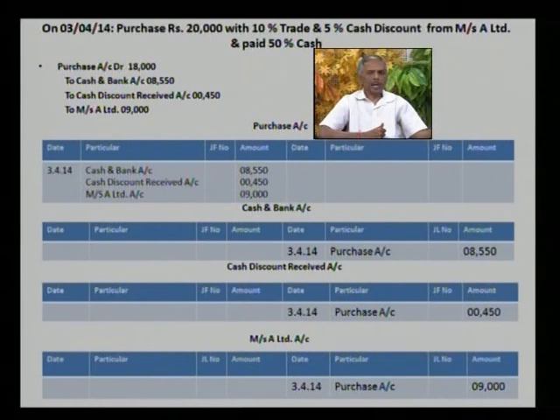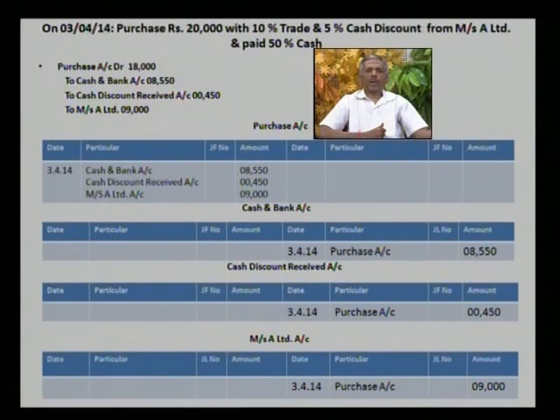First one, the cash and bank account. Second one, the cash discount received account. And third one, the Messrs A Limited's account at the particular column. And again we have to mention the respective amounts at the debit side. Now there are three effects on the credit side.